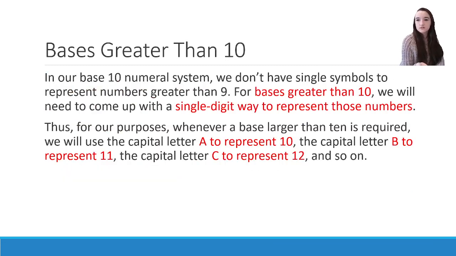But what about if I wanted a base greater than 10? Then what happens? In our base 10 numeral system, we don't have singular symbols to represent numbers greater than 9. For bases greater than 10, we will need to come up with those single-digit ways to represent those numbers. Why is this?